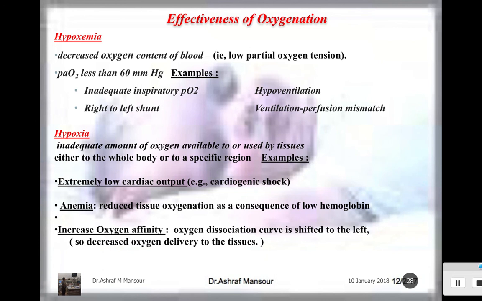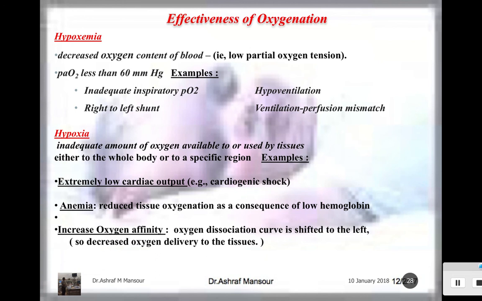But hypoxia, which you use like hypoxemia, is an inadequate amount of oxygen available at the tissue, the body in general, or at a specific tissue. So it can be caused by extremely low cardiac output, like in cardiogenic shock, in anemia, or in cases of increased oxygen affinity, like when there is a shift to the left of the oxygen curve, as we said before in alkalinity.